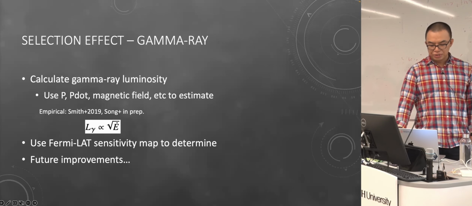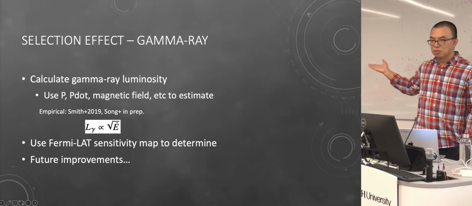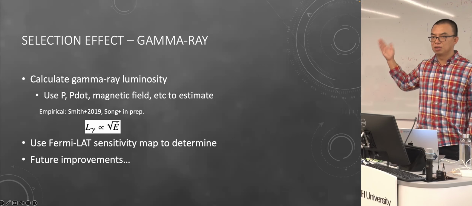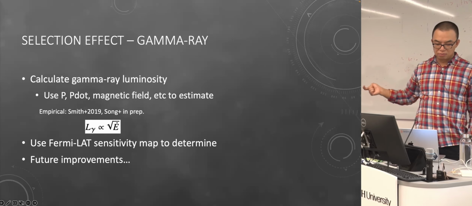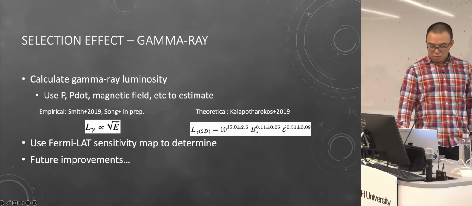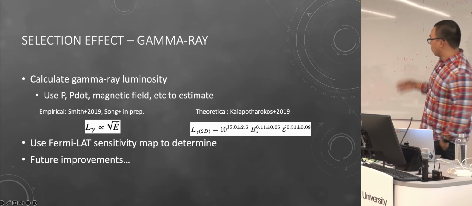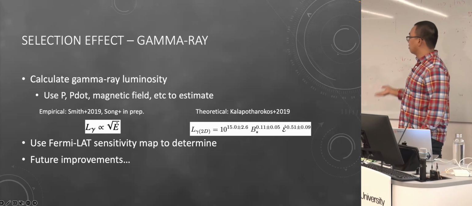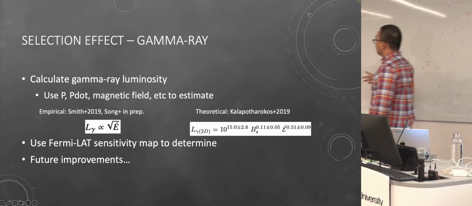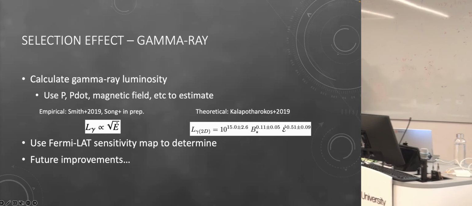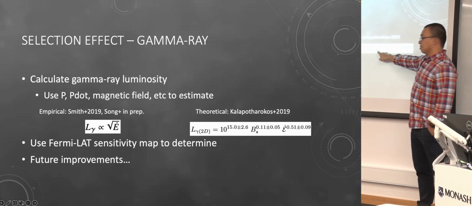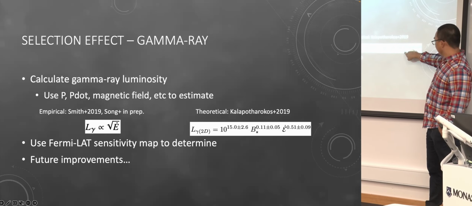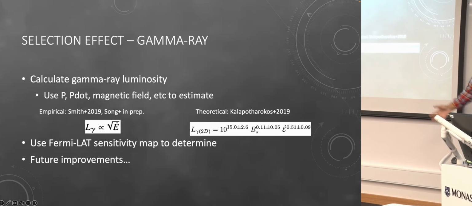I can either use an empirical relation, which is what I showed you from my plot of the pulsar's luminosity versus the spin down power, or there's also a more sophisticated theoretical estimation like this, which gives the relation between the gamma ray luminosity and the magnetic field and the spin down power of the pulsar.